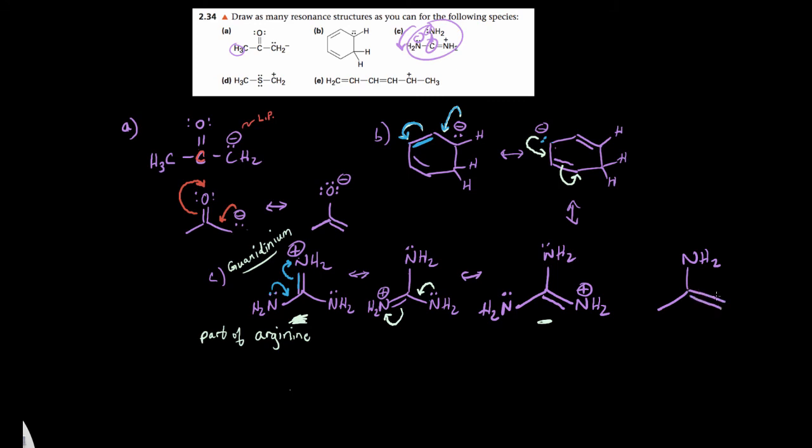So if we had drawn the arrows like this, from the first structure that we started out with, we would have ended up with this structure, NH2 with the double bond there.